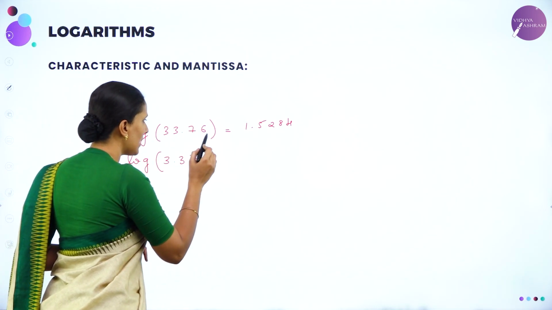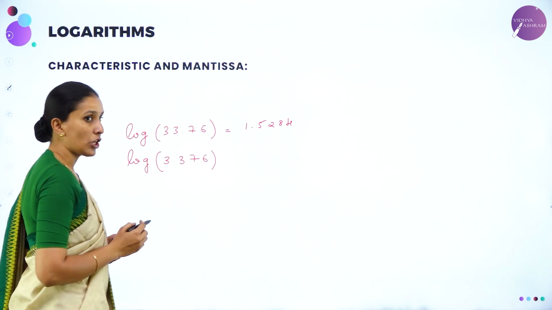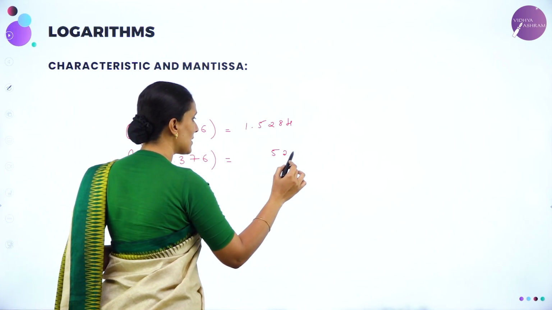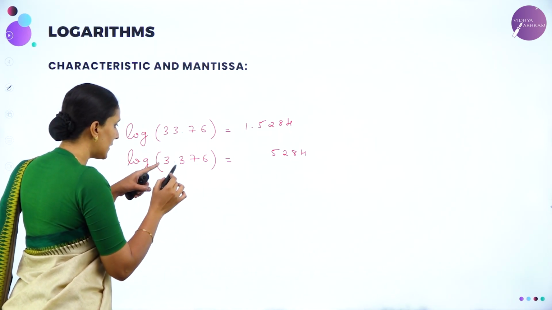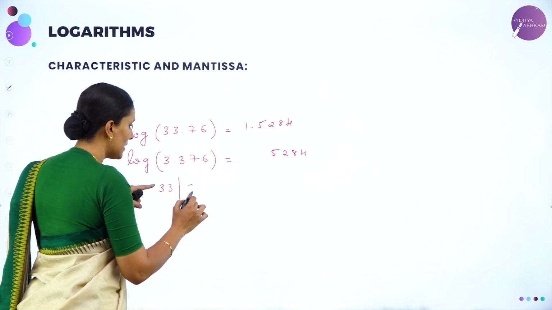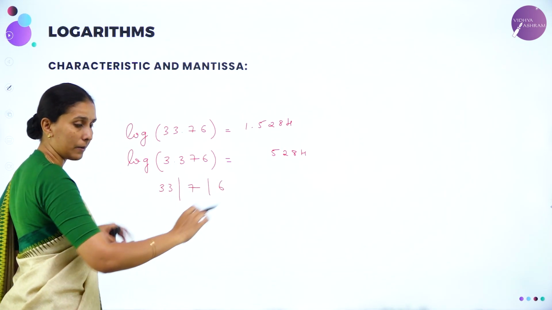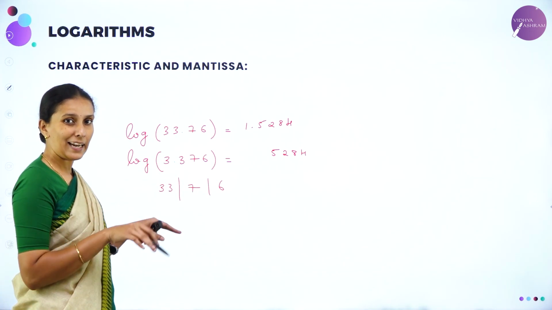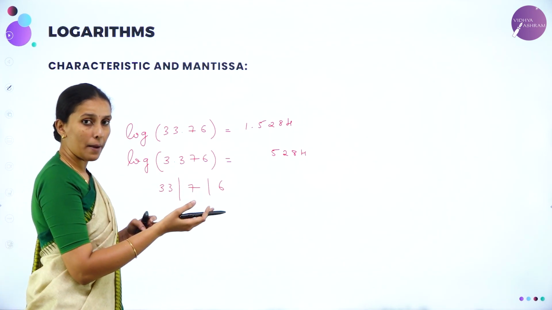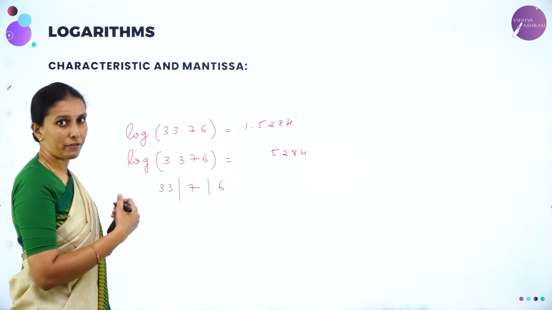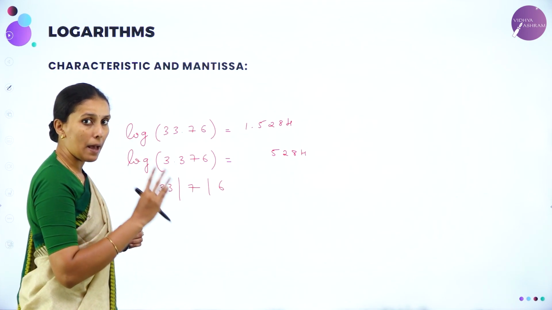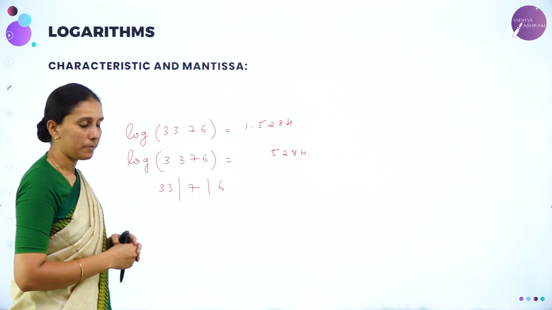Here I have taken the same 4 digits but with the change in decimal point. So what happens here? The mantissa part will be the same because we'll consider this as 3376 separately. So however the numbers are distributed, you should always neglect the decimal point. Whether the number is after the decimal point or before the decimal point, you should always consider the first 4 numbers in the given number.